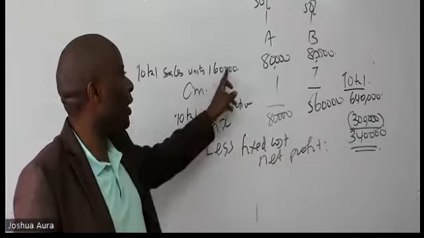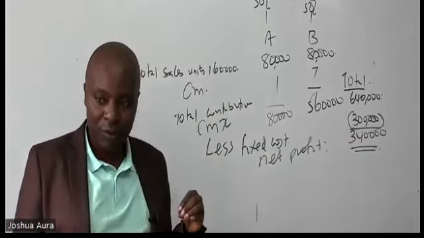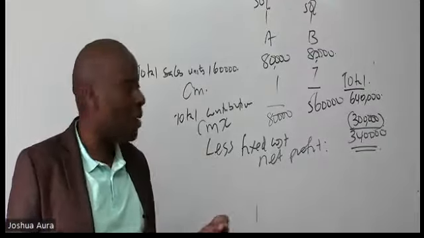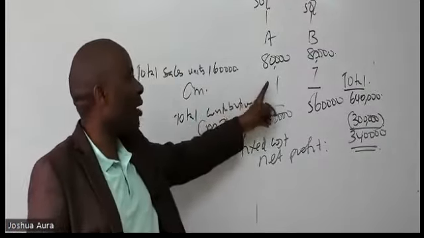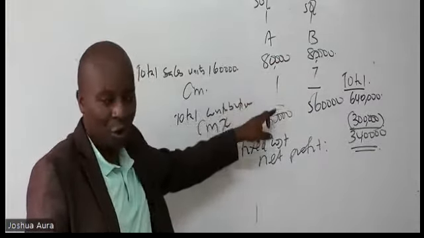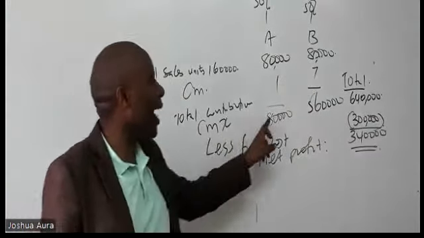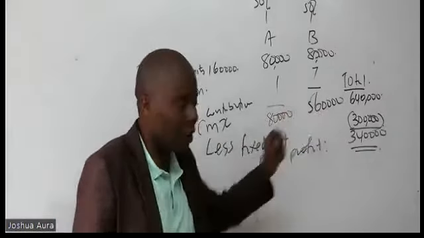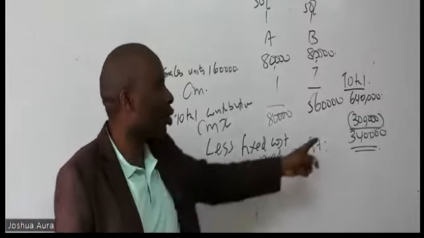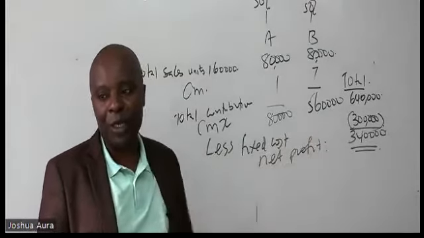So 50% of this gave me 80,000, 80,000. The contribution margins will not change. Those ones will remain the same. Contribution margin for A is 1, for B is 7. So I was able to get the total contribution by taking this times contribution margin. This gave me 560. So then I came and added the two, which gave me 640,000. And then I shall subtract what here? Our fixed cost. Fixed cost of how much here? 300,000. So I was able to arrive at a new net profit of 340,000.